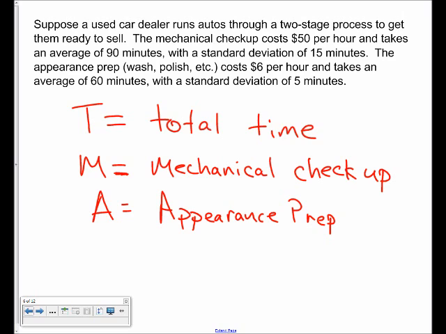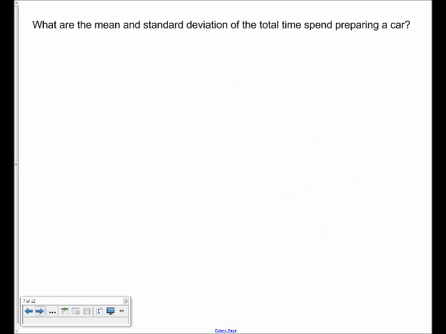I'm going to use those 3 variables to figure out this first question, which says to find the mean, or the expected amount of time it's going to take to spend preparing a car. So that means the mechanical part and the appearance part. And then define a standard deviation associated with that, because yes, we want to know how long we expect it to take, but also to give me an idea about the range of values. So I'm going to do t equals m plus a, showing you that I'm going to add these random variables.